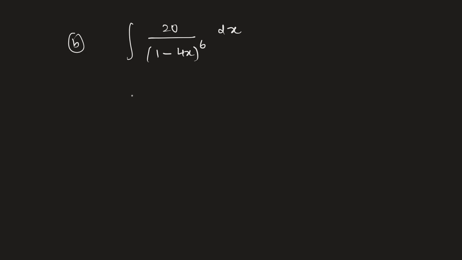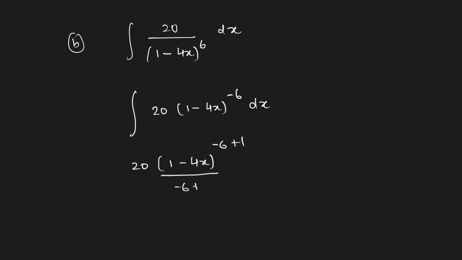What we'll do is, I can rewrite this as 20 times (1 minus 4x) to the power negative 6 dx. Okay, now 20 is a constant, I can keep it outside. Now integration of this would be (1 minus 4x) to the power negative 6 plus 1, whole divided by negative 6 plus 1.